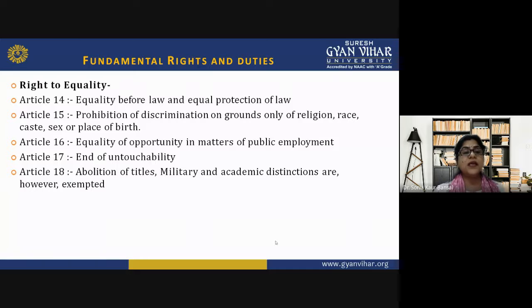Article 16 is about equality of opportunity in matters of public employment. Article 17 talks about the end of untouchability. Article 18, abolition of titles; military and academic distinctions are, however, exempted in this.